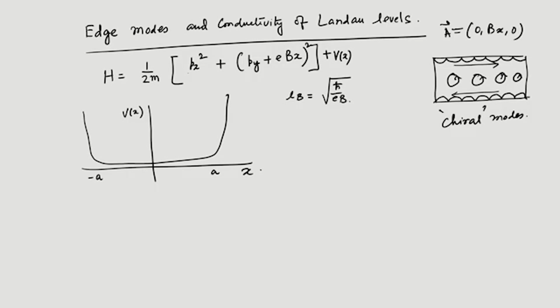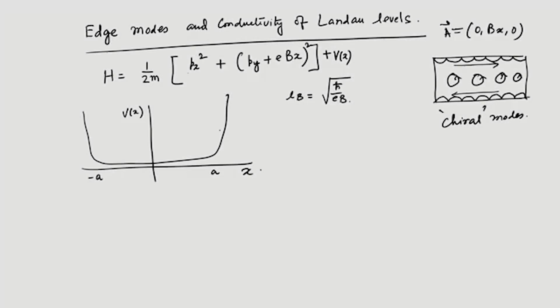If you look at the previous classes, you'll see that this l_B, which we call the magnetic length, we call it l_B because it depends on B. All right. So this potential is quite flat in all regions between minus a and plus a, and shows a discontinuity at the edges.